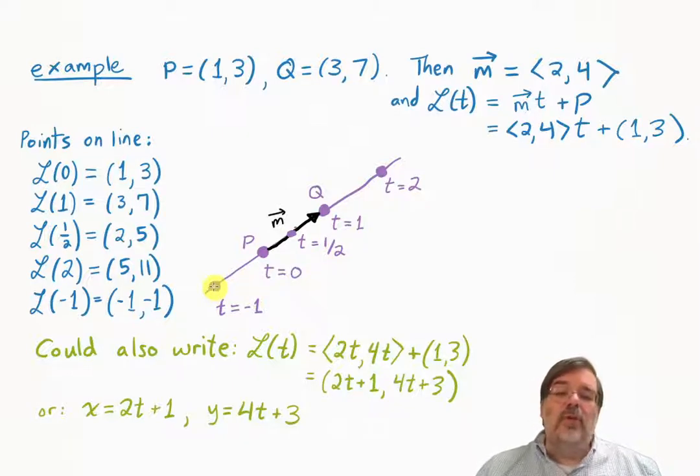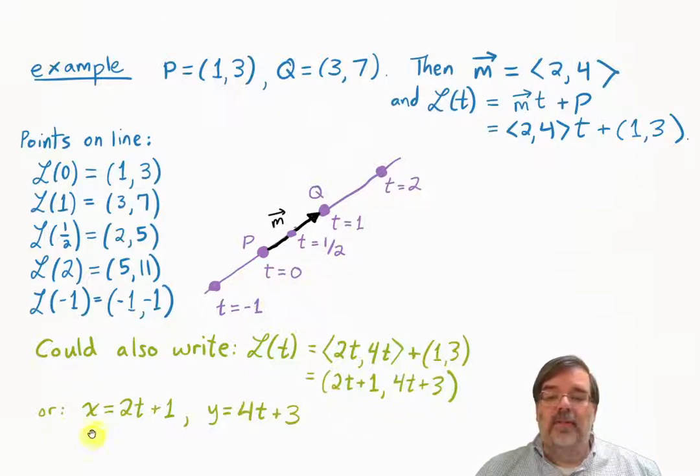Now, there are other ways you could write this as well. For example, you could take this expression and actually do the scalar multiplication here. So you could multiply 2, 4 by t and get 2t, 4t. And then you could do the addition. You could add 1, 3 to that to get 2t plus 1 as the first component, and 4t plus 3 as the second component.